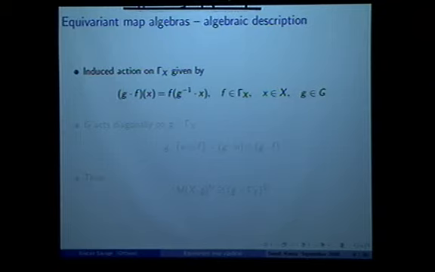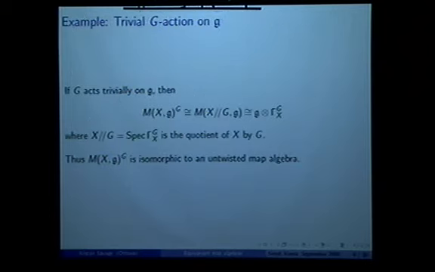It just acts: g times f at some point x is just f of g inverse x. This is the usual action on the coordinate ring of a variety or a scheme. And so then the group acts diagonally on this algebraic description of the map algebra. And the equivariant map algebra is just the group invariants under this diagonal action on this G tensor this ring. So this is just an algebraic description of the same object.